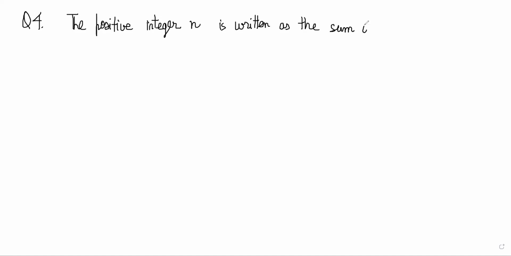This one is: a positive integer n is written as the sum of positive integers, and that is called a partition of n.